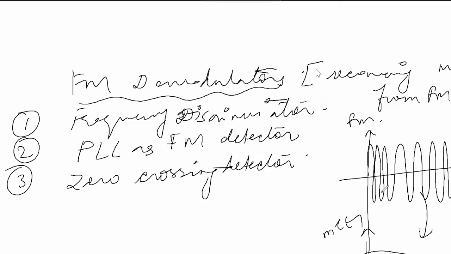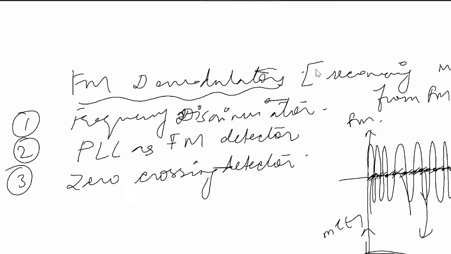Where is this message signal in FM? It is here, in these frequency variations. We have to extract this message signal from these zero crossings, from these points, and get back our message signal. We have to recover the message signal from these frequency variations.